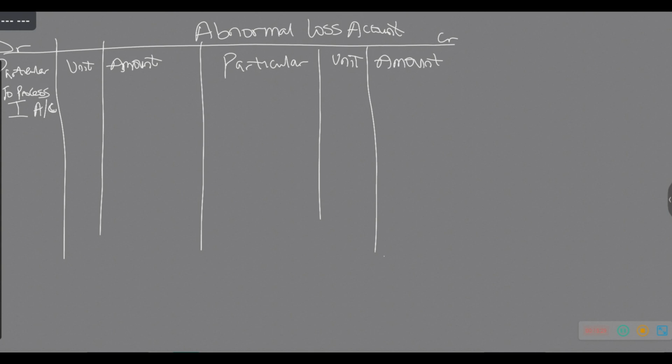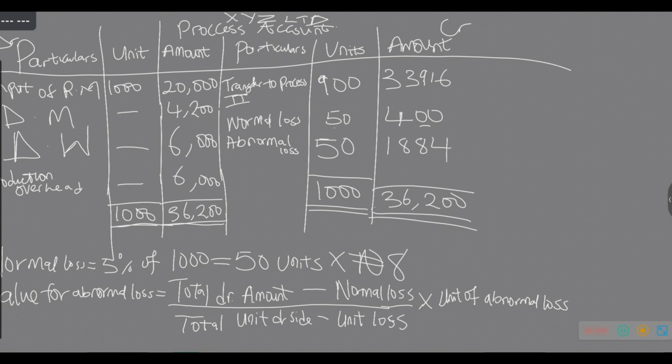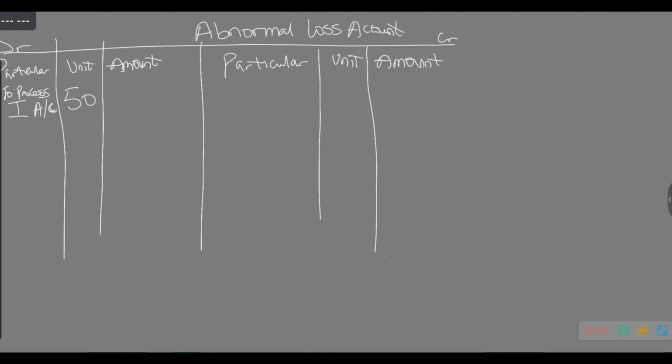So we have units of 50 with the amount of 1,884 naira.